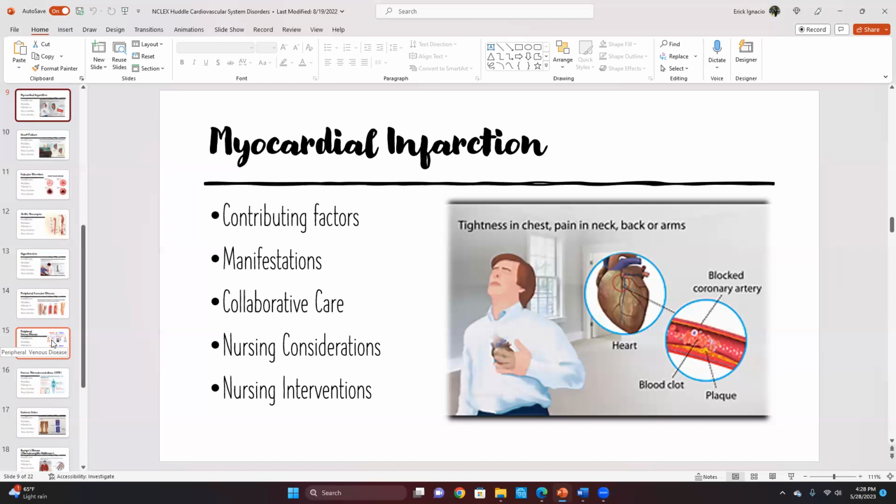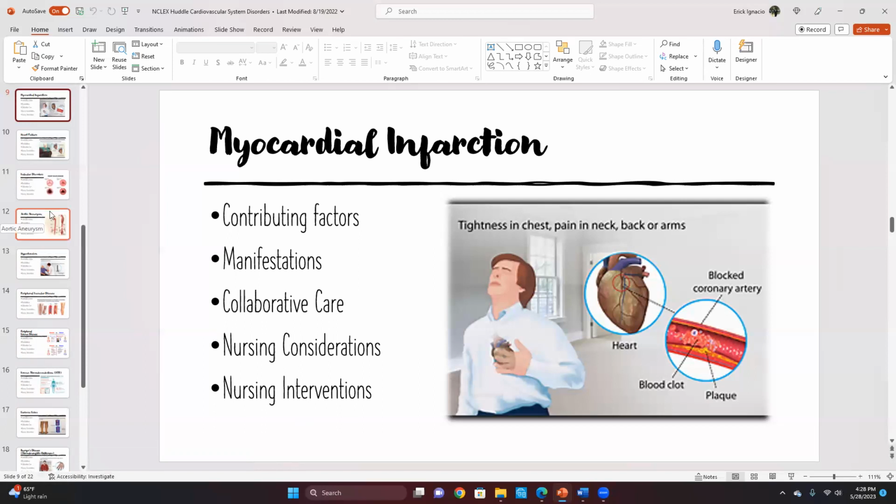We want this patient to not be injured, not playing contact sports, soft bristle toothbrush, electric razor, all of those things that go along with it. We're looking out for blood in their stool, blood in their urine, nosebleeds, epistaxis, hematuria, and we want to make sure that we tell the patient if they're bleeding that they need to report that immediately.